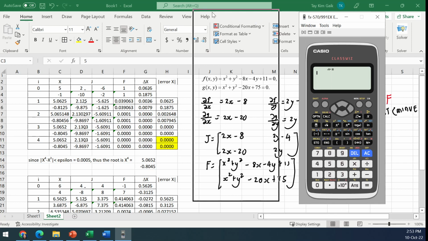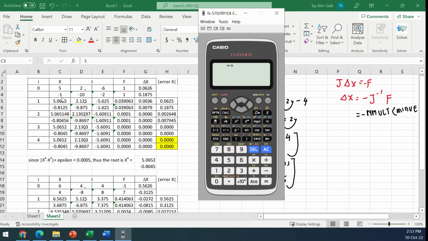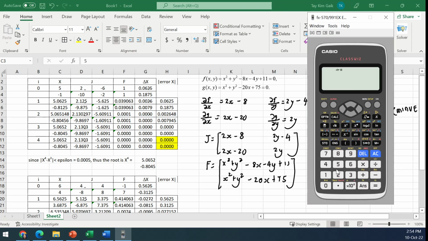I put in negative 1, and then you want the first Jacobian. Let's say you put 2x. Then you calculate, so x is 5. We got 2x minus 8. Then you calculate, so x is 5.